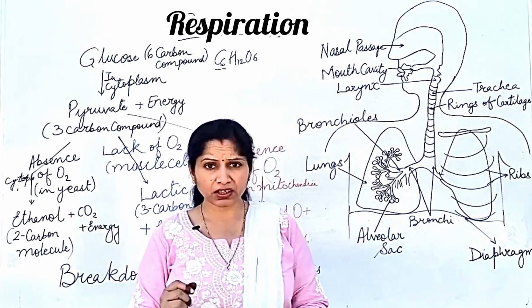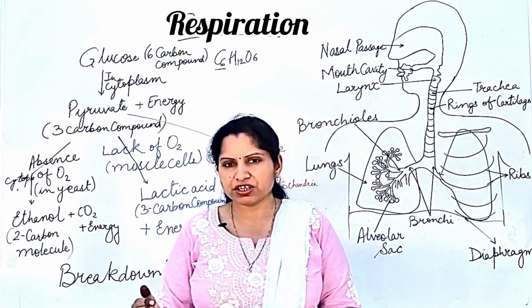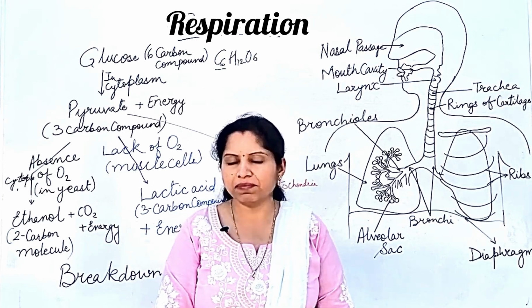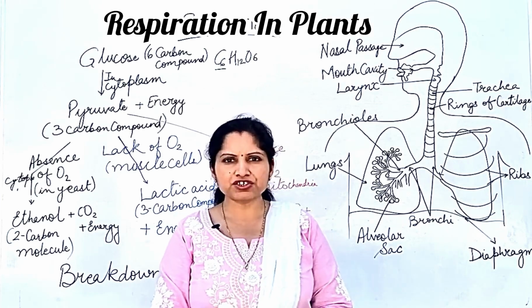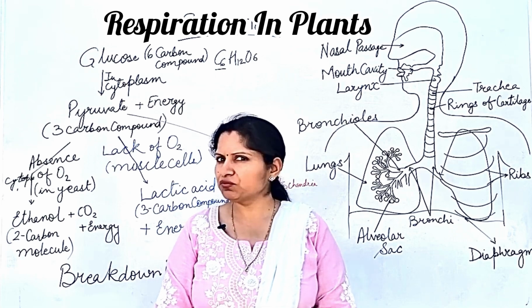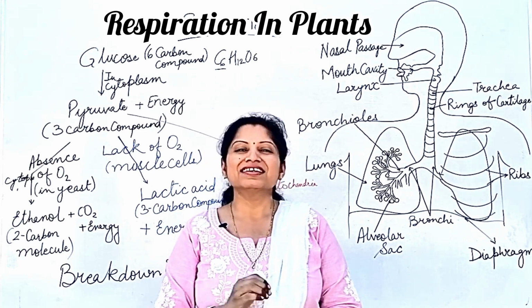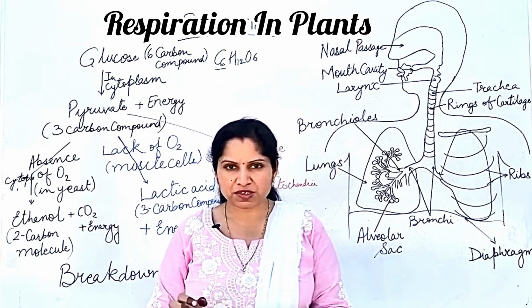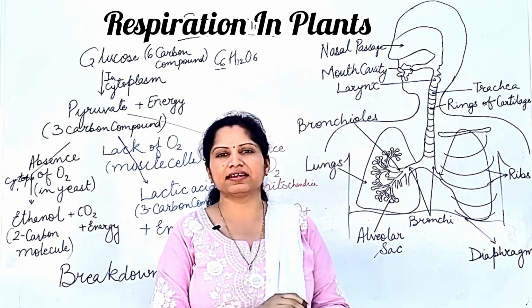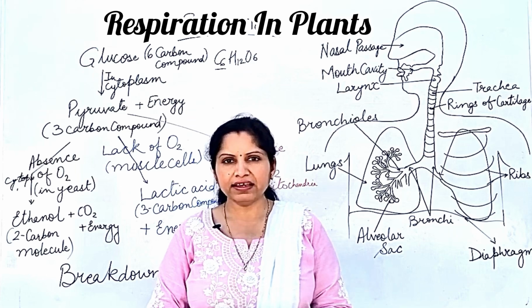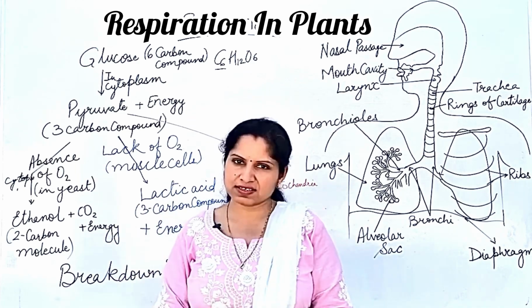Now, if we discuss the respiration in different organisms, like in plants, do they perform respiration? Yes. When do they perform respiration? During the daytime or during the night time? 24 hours. So, the plants perform respiration during the day as well as at the night. But during the day, they perform photosynthesis also.